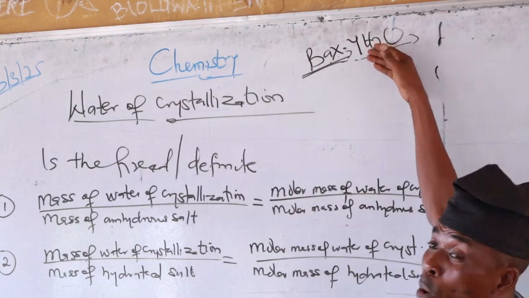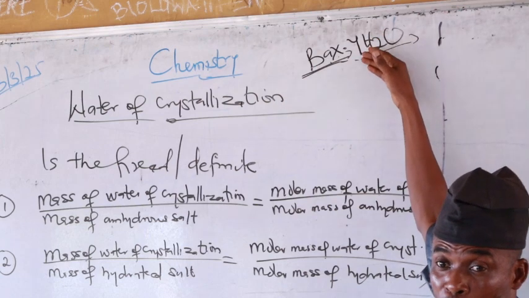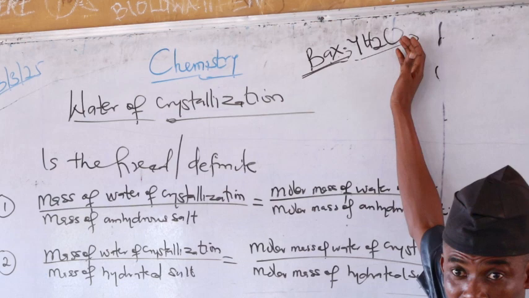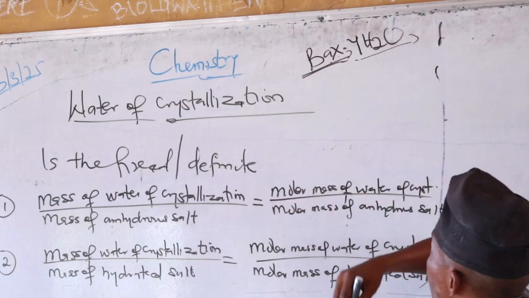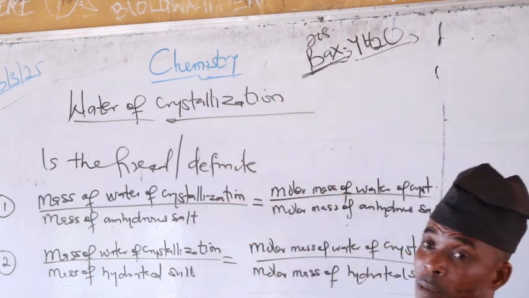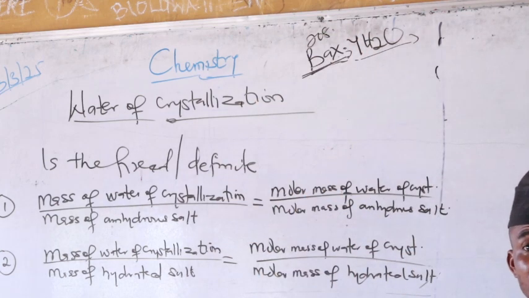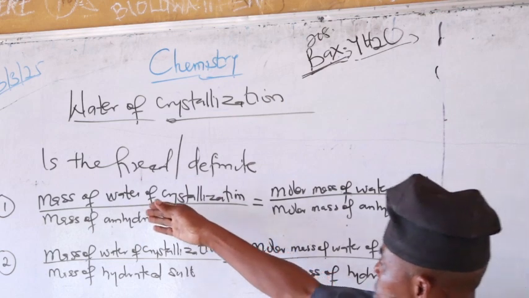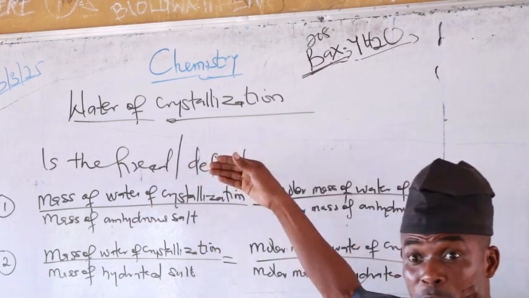Y represents the number of molecules of water of crystallization. Remember, the molar mass of the whole of this one is given, 208.